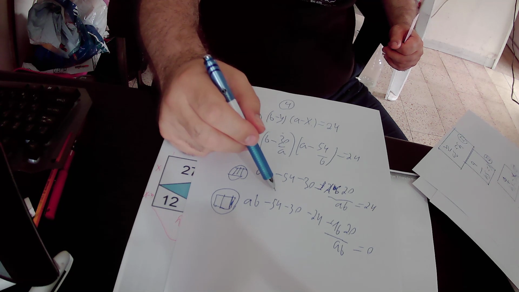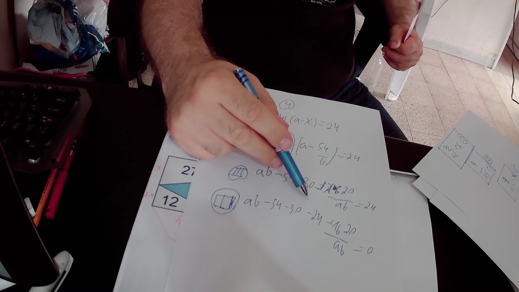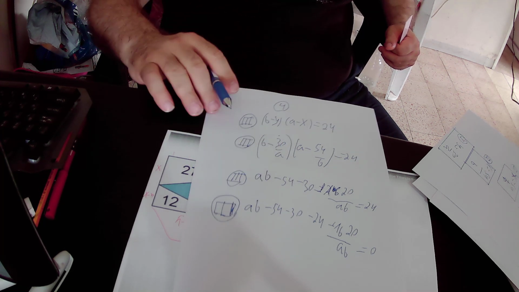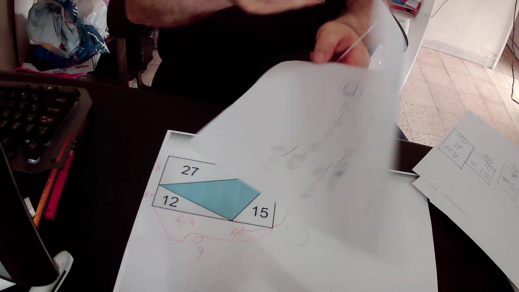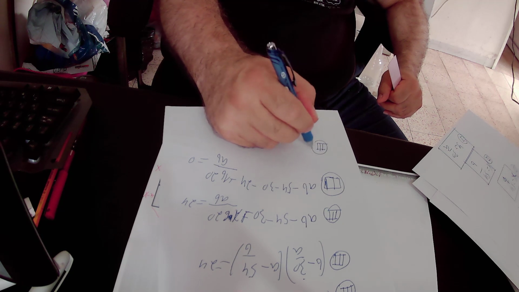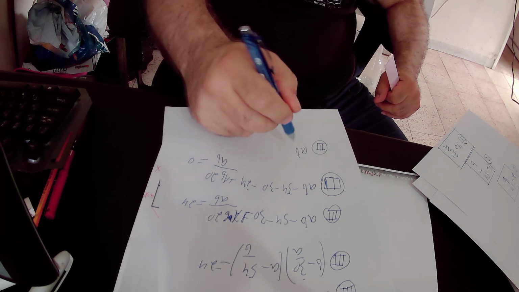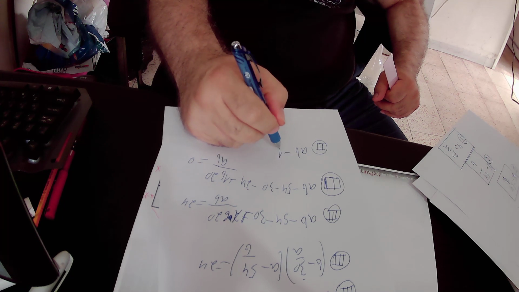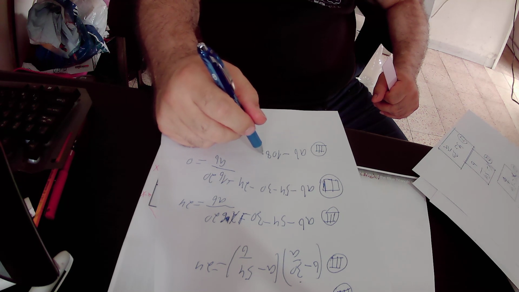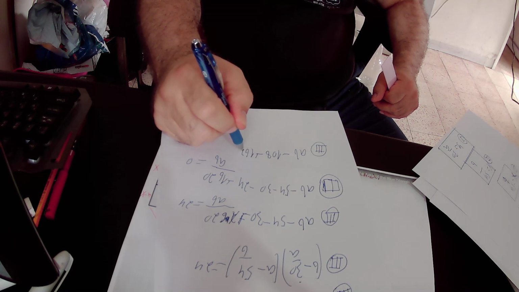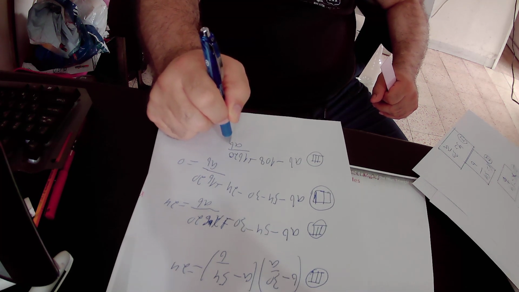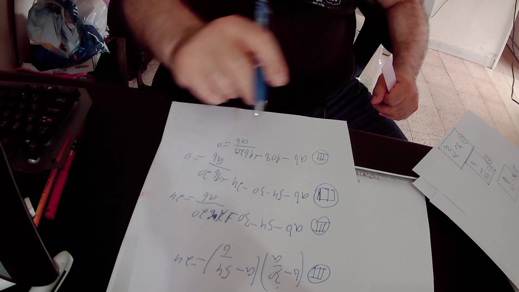Now minus 54 minus 30 minus 24 equals negative 108. So we'll write it down. AB minus 108 plus 1620 over AB equals 0.